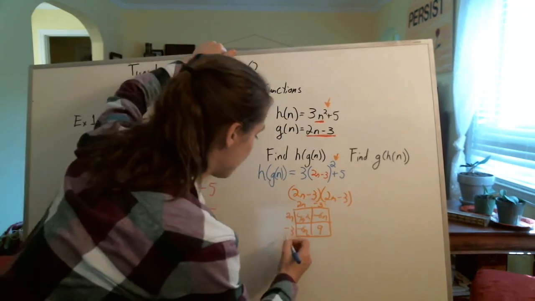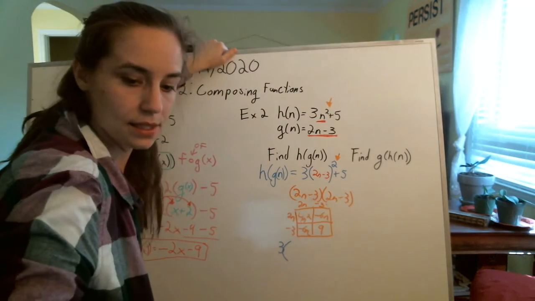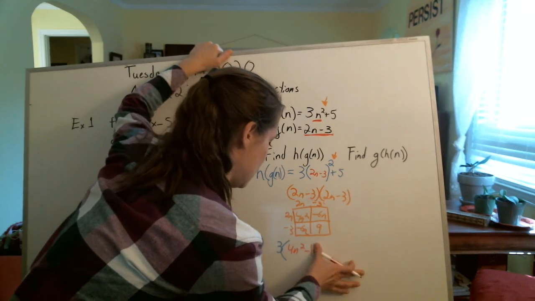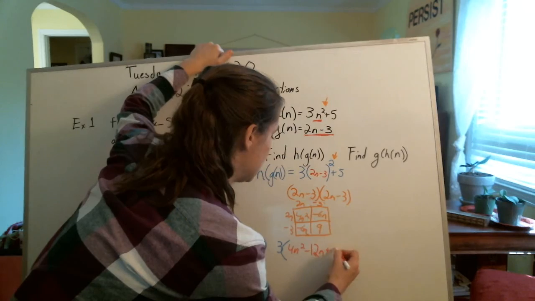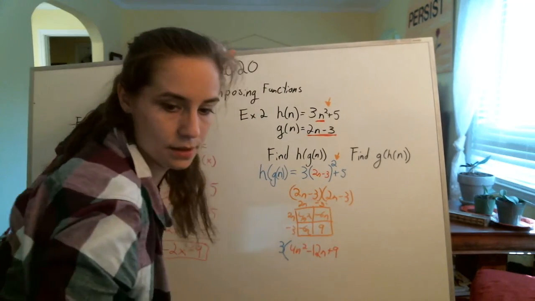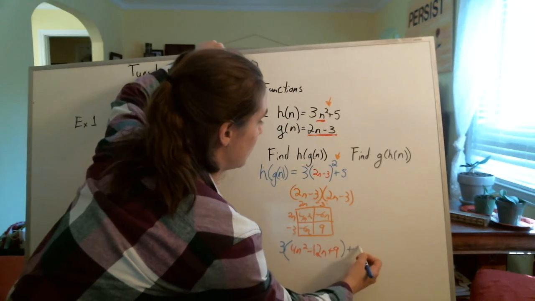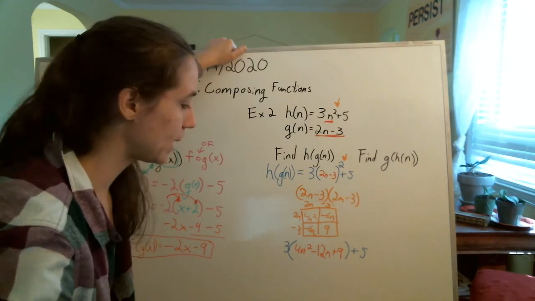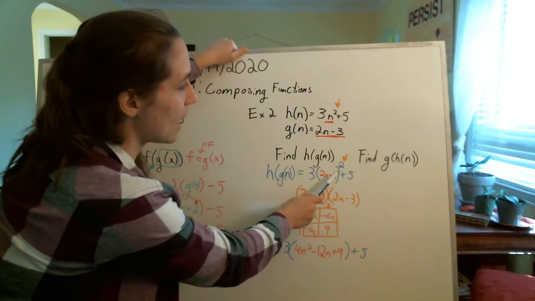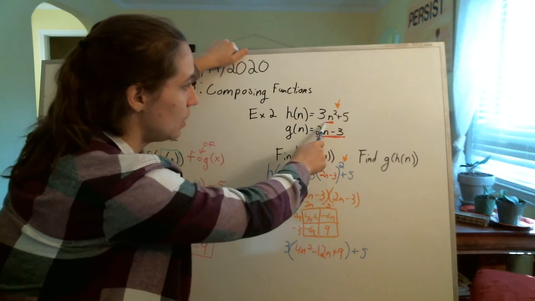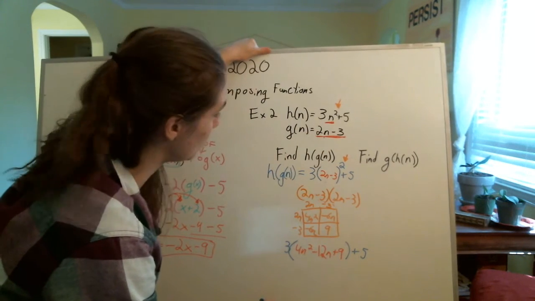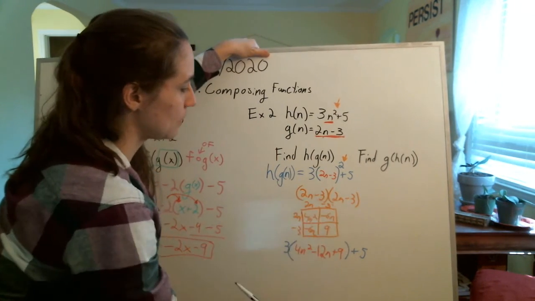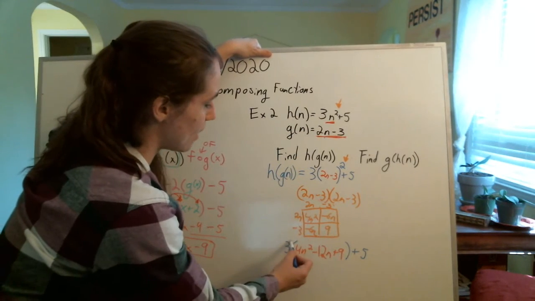So really, I have 3 times 4n squared minus 12n plus 9, plus 5. So all that orange bit is just my multiplication for the squared portion, okay? That only happens when you're replacing the function for the n squared. It's not very common, but you do have to pay attention and look out for it, okay? So when that happens, we end up having to duplicate it, multiply it, write it out, and now we can distribute that 3.